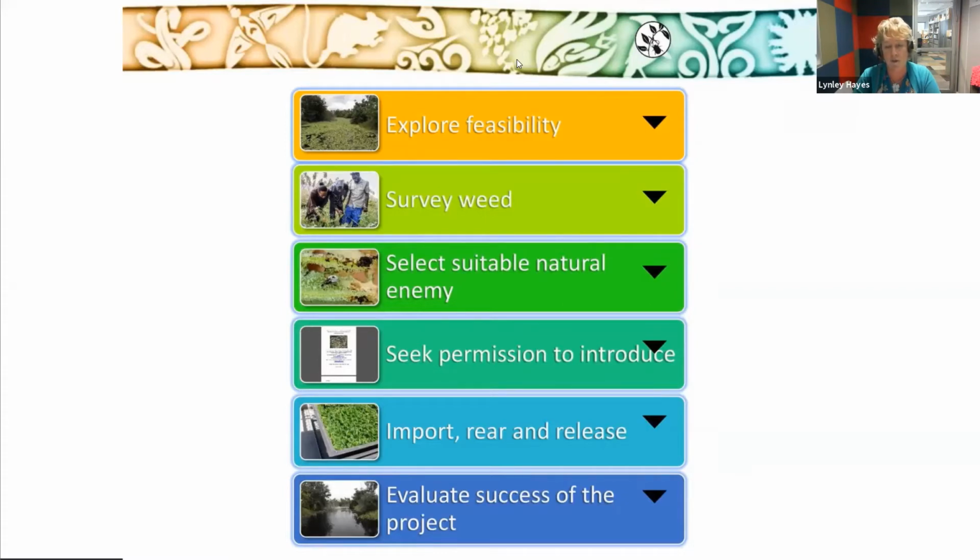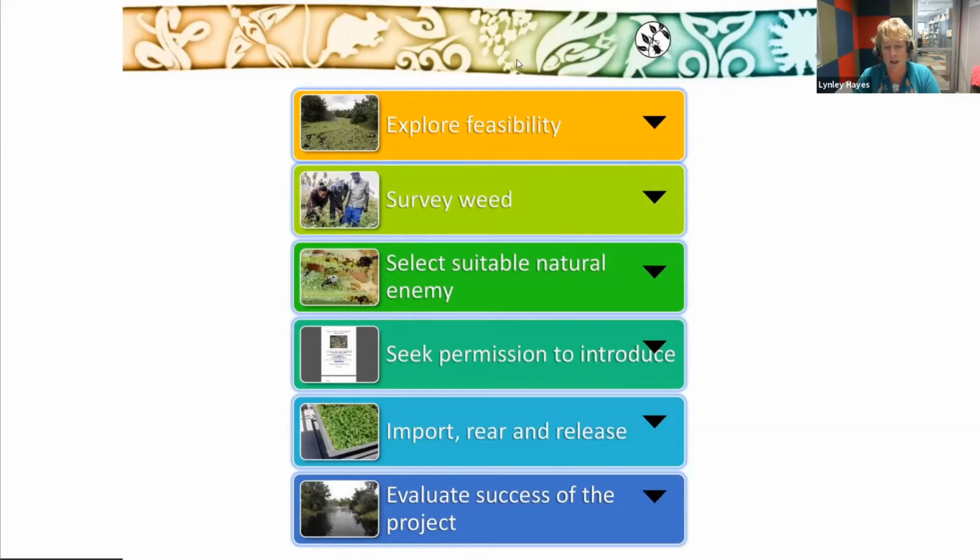And we have to do surveys in the native range, where the weed comes from, where it originated, to find out what natural enemies we could consider and test and decide if they would be suitable.